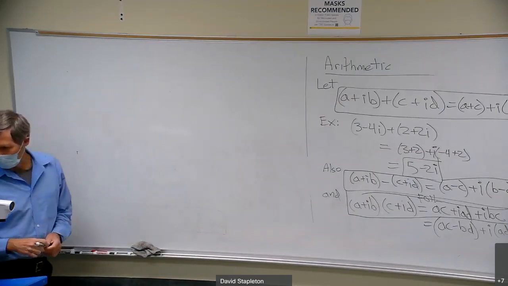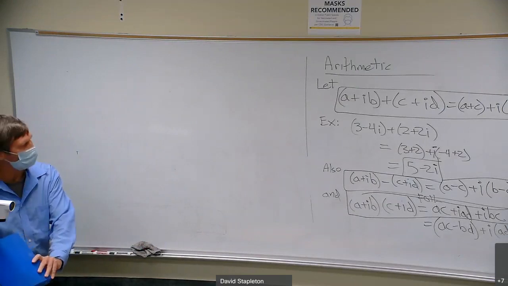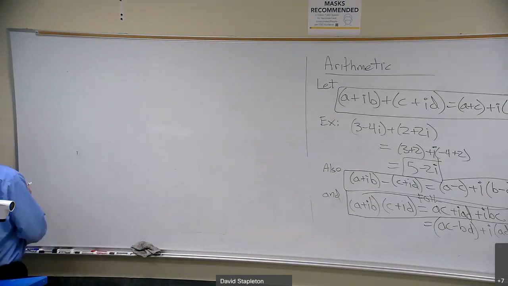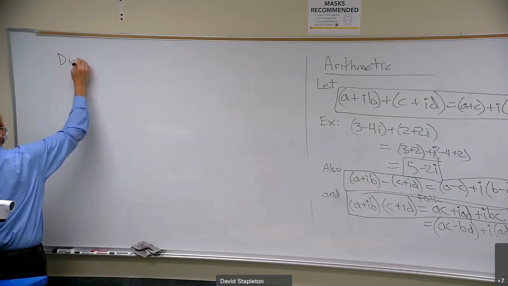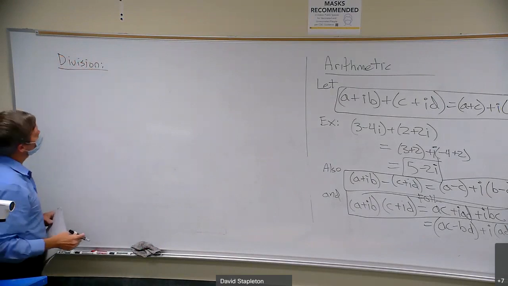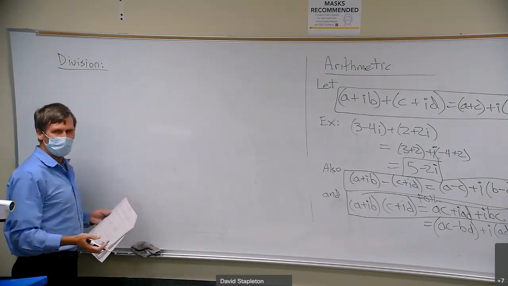All right, so there's complex numbers, absolute value, and conjugates. Now we're in a place to do division. We've defined multiplication, subtraction, and addition. How do we define division?